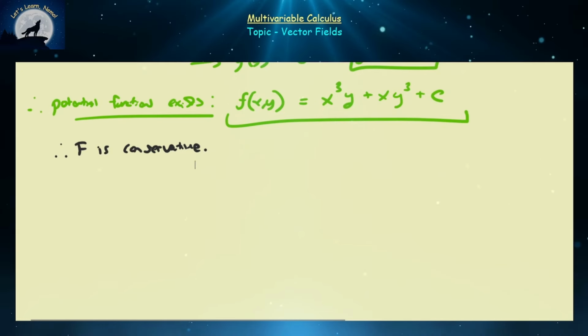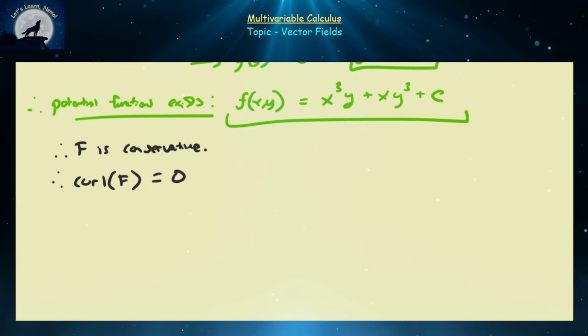So if our observations were true about conservative vector fields, then the curl of f is equal to 0. Now, we haven't proven that this is always the case, so let's work out a computational proof for this. What is going to be the curl?